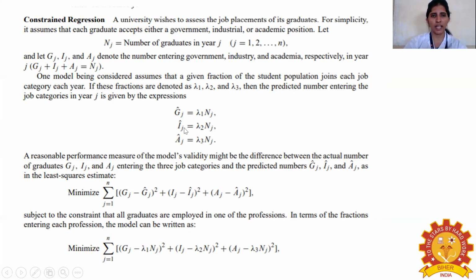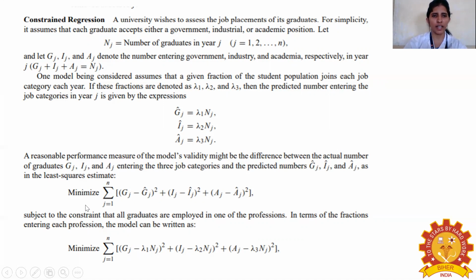Then ij negation will be equal to lambda 2 nj and aj negation will be equal to lambda 3 nj. So a reasonable performance measure of the model's validity might be the difference between the actual number of graduates gj, ij and aj entering the three job categories, and the predicted numbers gj negation, ij negation and aj negation, as the least squares estimate.